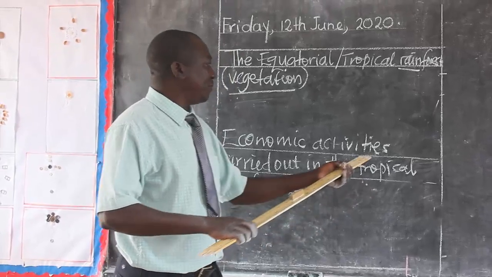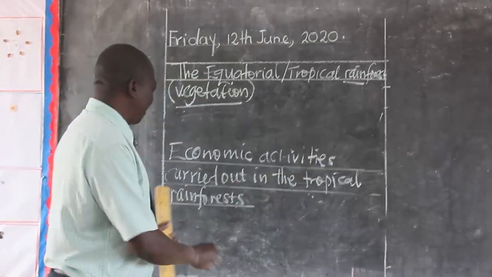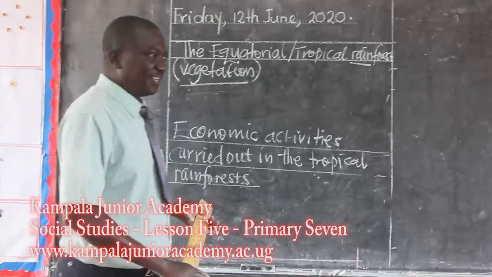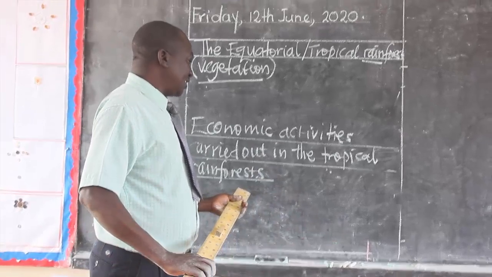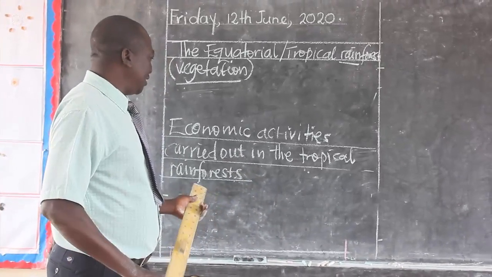So the nature of the type of vegetation dictates the different economic activities that are being carried out in this region.